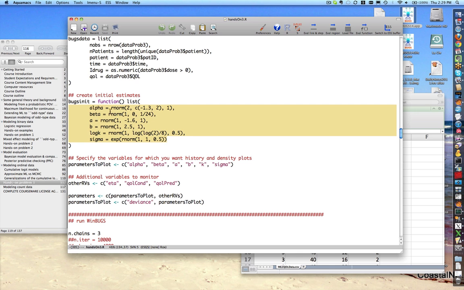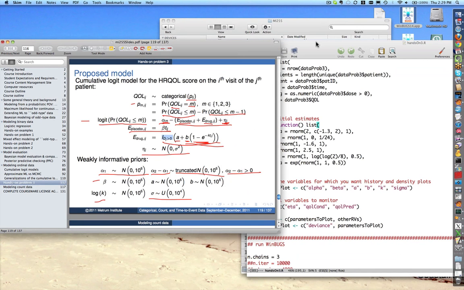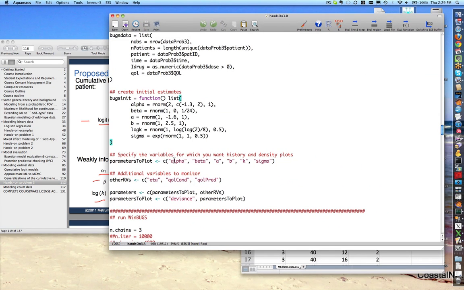I used alpha, beta, A, B, log K, and sigma, which roughly correspond to the names you see on the slides. And then I'm going to say what parameters I want to look at for our diagnostic plot. So I've got alpha, beta, A, B, K, and sigma.